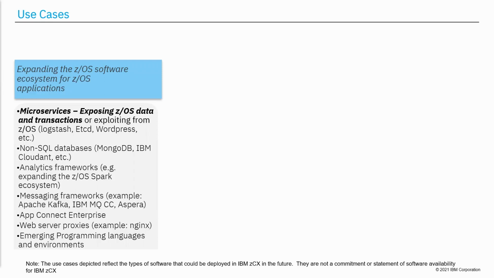We have non-SQL databases that are not normally supported on zOS, like MongoDB is a good example. Now suddenly you can run that on zOS. Analytics frameworks. We talked about Spark before, but there's a lot of analytics frameworks that are not ported to zOS. I can leverage all of those, and I can leverage those in a transactional nature.